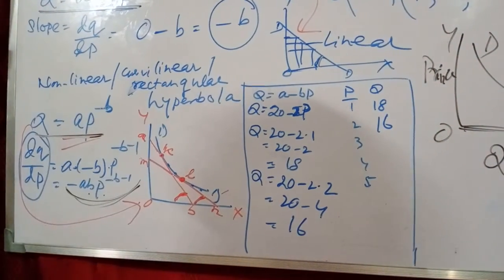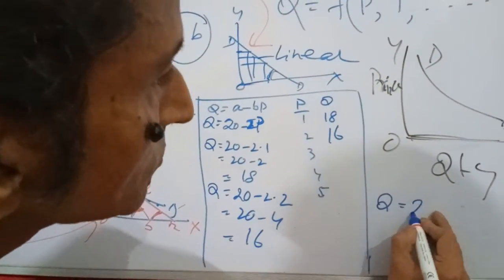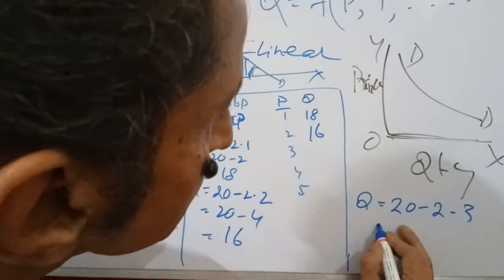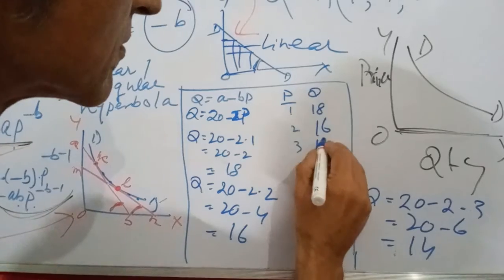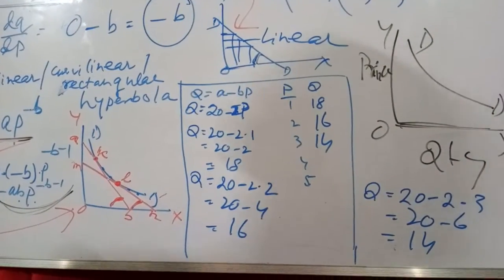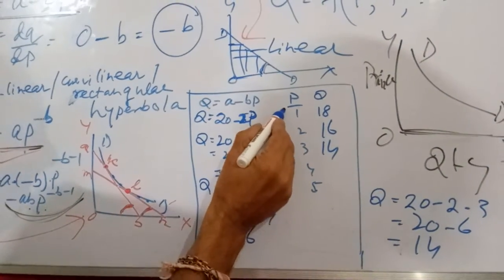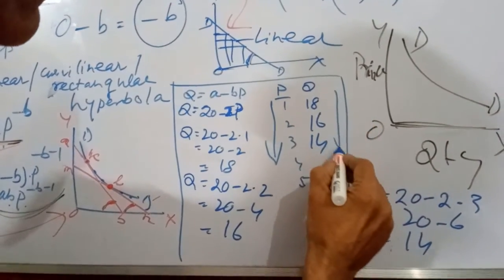When P equals 3, Q equals 20 minus 2 into 3, that is 20 minus 6 equals 14. So we can see that as price is increasing, quantity demanded is falling.